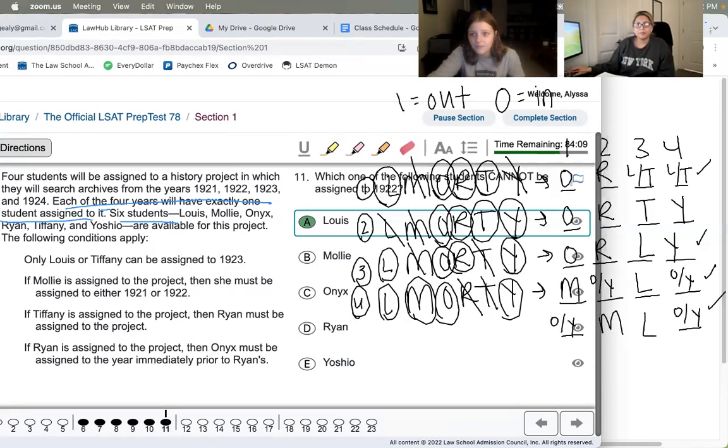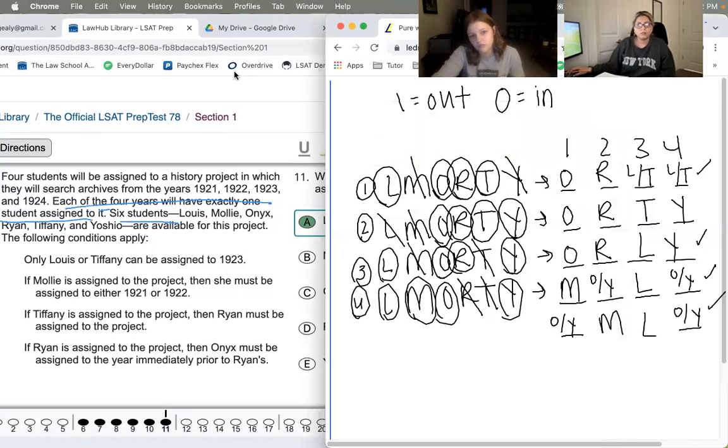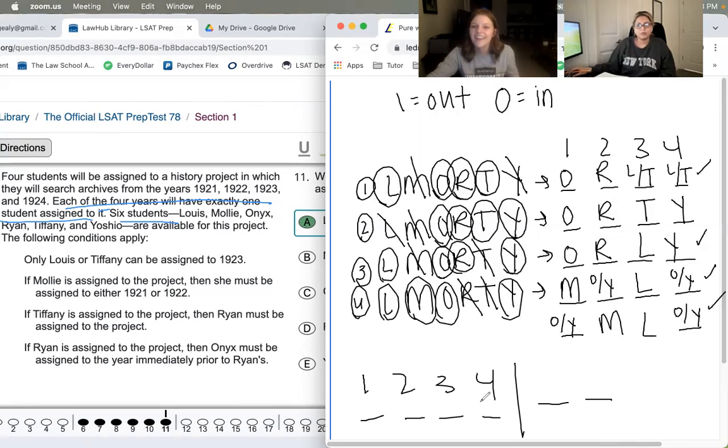Typically, this game, I mean, you could use circle slash with this one, obviously, and I think it's helpful. But honestly, every time I've done this game, I've always done 1, 2, 3, 4, like a typical T-chart, which I hate T-charts.